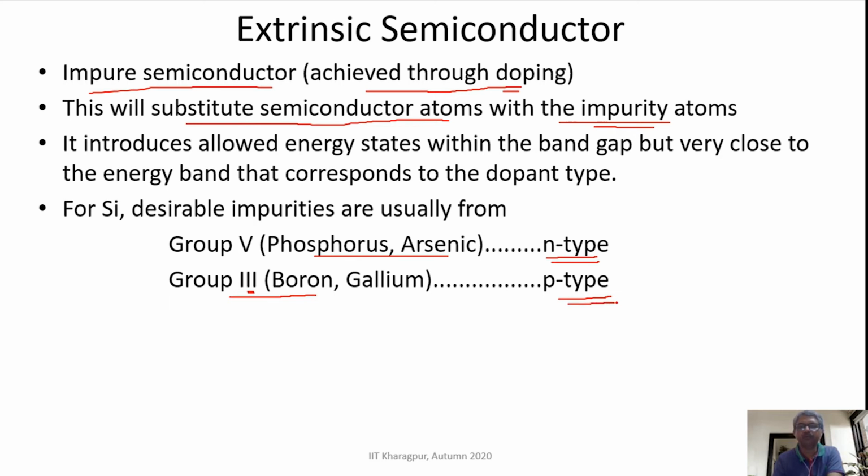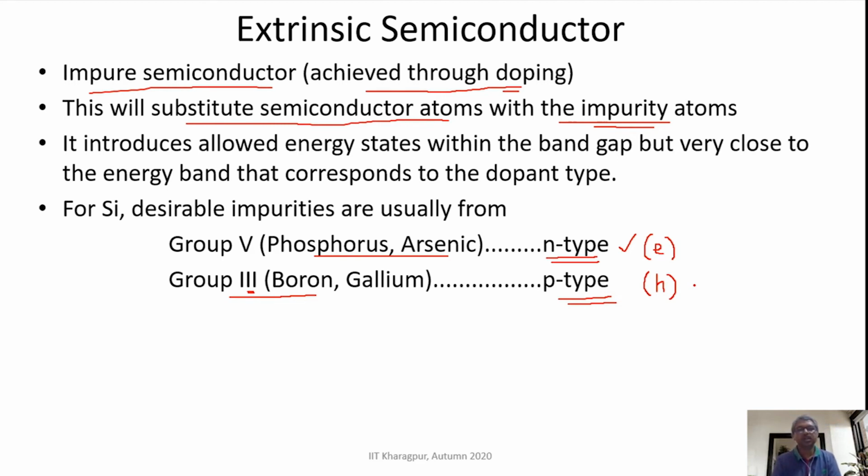In n-type semiconductor, the charge carriers are predominantly electrons, and if we dope with boron, the charge carriers are predominantly holes. The movement of these electrons and holes basically creates current.